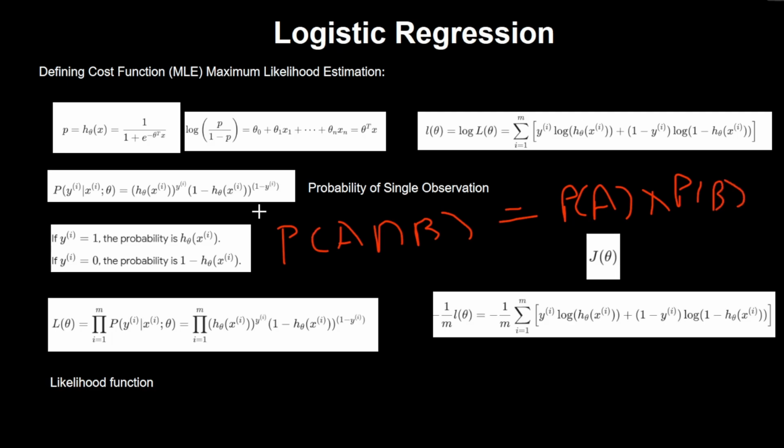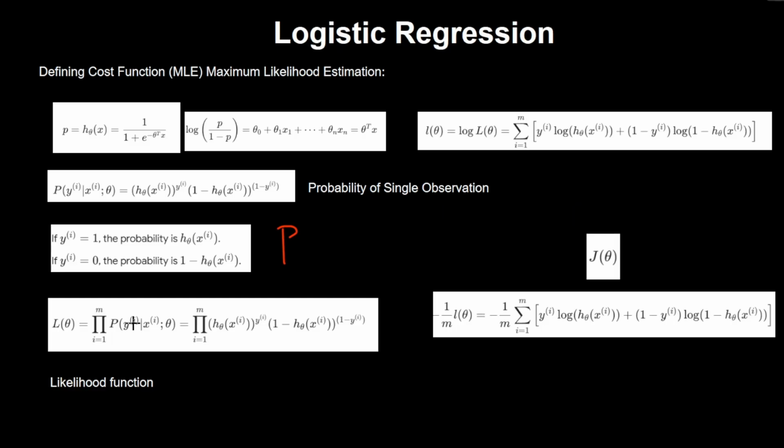Using this formula, we can multiply every probability when we assume the events are independent. That's what is being done here, and using this we are expanding this formula. So this is the likelihood function.